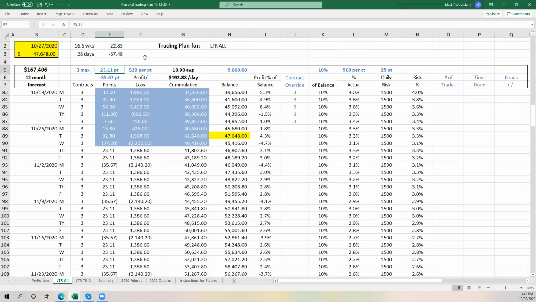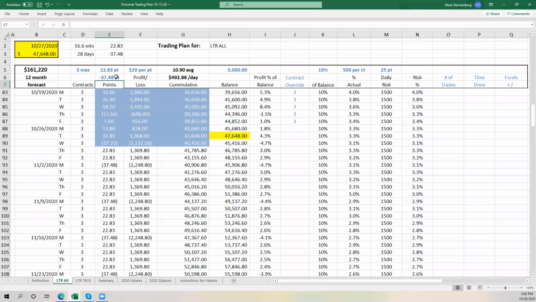So now I want to forecast going forward the balance of my 52 weeks. So I'm going to translate those performance numbers into my future forecast here, minus 37.848.